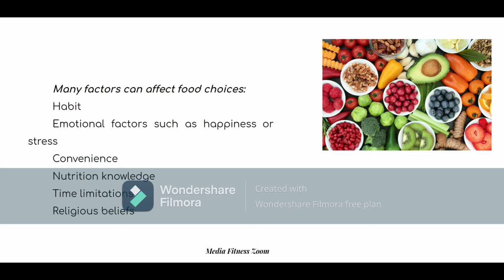Sometimes we just buy a chocolate bar and a Coca-Cola, and with these food products we have a meal. But is it healthy? Well, I don't think so. So time limitations can affect our food choice very critically.